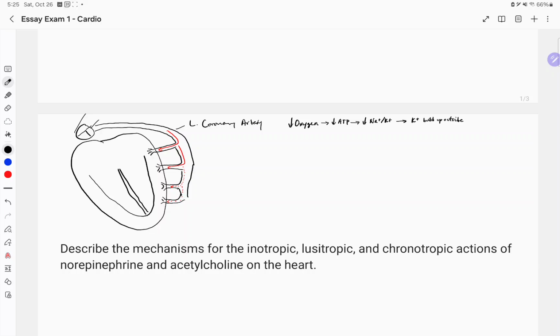And if we have a potassium buildup outside of the cell, less potassium is leaving the cell, and it's going to cause us to have these continuously depolarized cells right here along the endocardium of the ventricular wall.